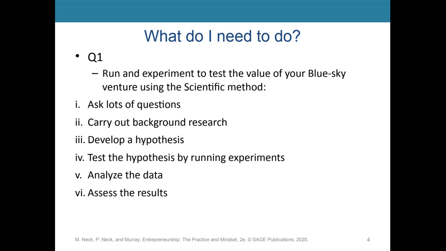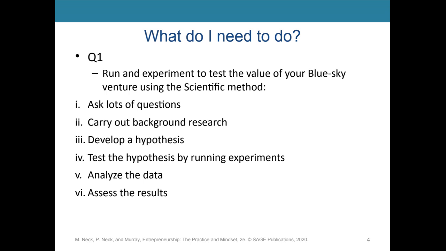So the scientific method, as it's put out in your textbook, basically speaks about asking lots of questions, to get you to start asking questions about the topic until you've got a very specific question, which is then basically your research question.